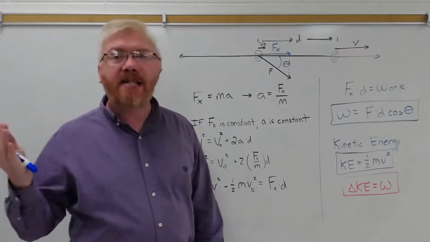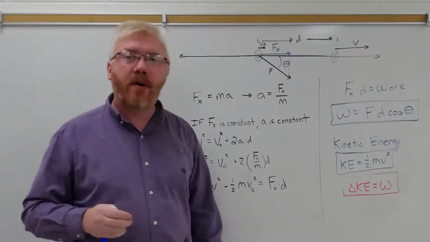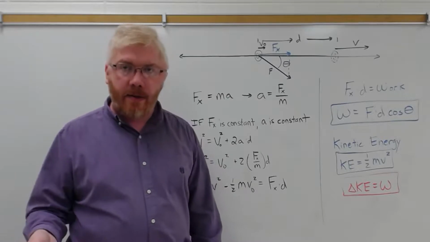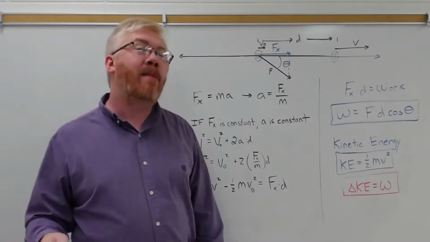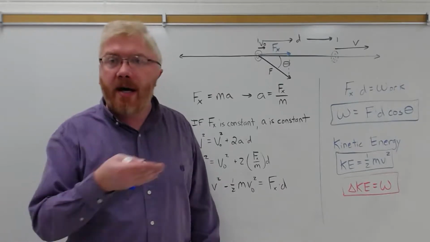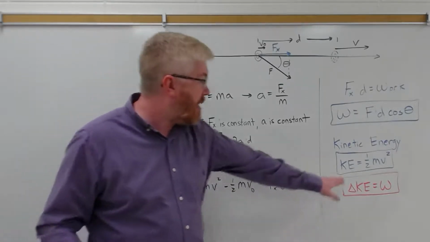So for example, a baseball that's traveling at 100 miles an hour has more kinetic energy than a baseball traveling at 50 miles an hour. A freight train traveling at 1 mile an hour has more kinetic energy than a baseball traveling at 100 miles an hour because a freight train has far more mass.